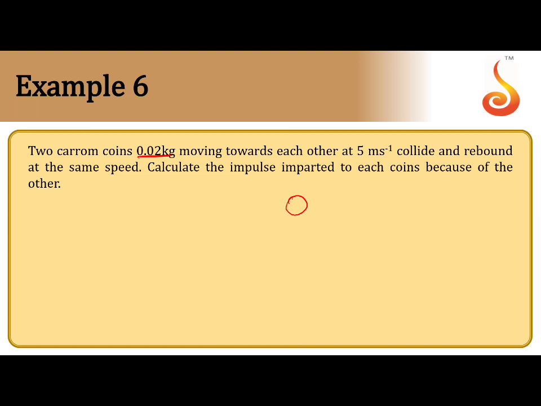This is the first coin, this is the second coin. Both are having the same mass. Mass will remain the same. They are traveling towards each other. Both are having the same velocity, u1, u2. So according to the data, m1 equal to m2 equal to m, that is equal to 0.02 kg.